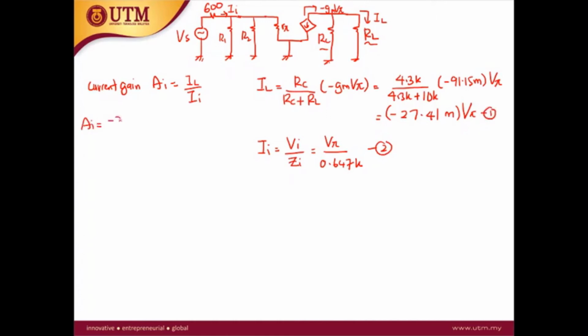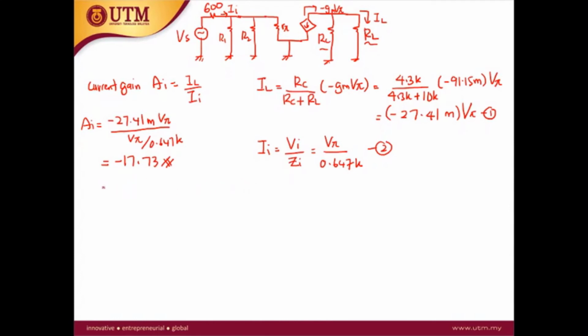AI is minus 27.41 milli V pi over, this is V pi, 0.647 K. So lastly, the AI is minus 17.73. So this is AI.